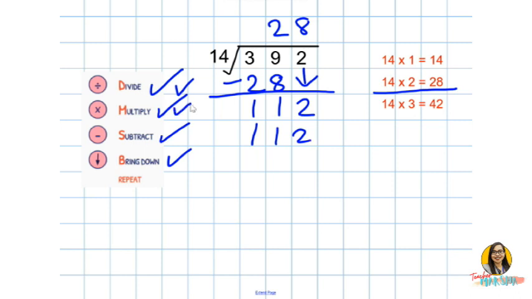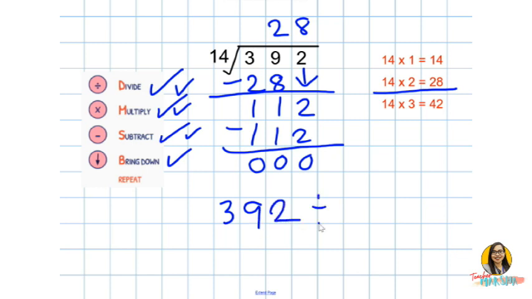Now next is subtract. 112 minus 112, that is 0, 0, 0. And we don't have any more number to bring down. That means we are finished with our calculation. So 392 divided by 14 is equal to 28.